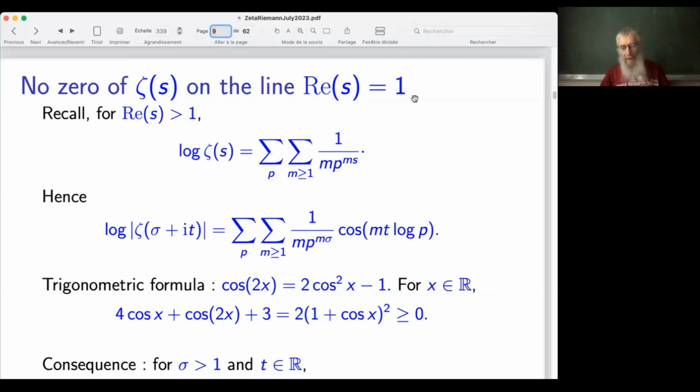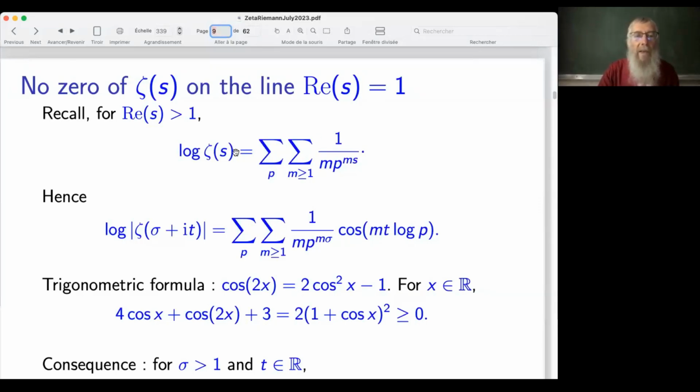I explained yesterday that the zeros of zeta of s play a very important role. They occur in the Riemann hypothesis, and we know that there is no zero for real part of s greater than 1, because the infinite product of (1 minus p to the minus s) to the minus 1 is convergent and has a limit which is not 0.